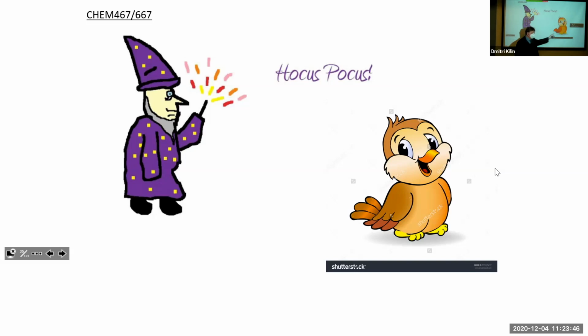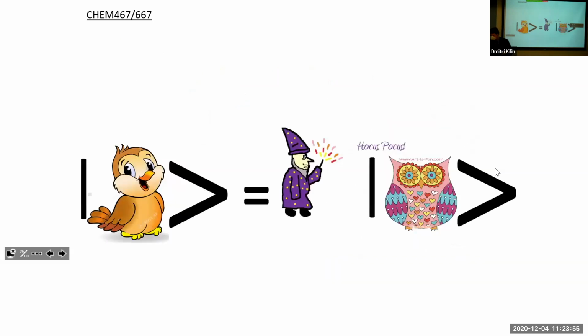So birds are quantum states. The wizard is an operator. It changes the quantum state. So we use the ket vector of owl and the ket vector of skylark and the operator. Now, can we express the operator in terms of bra and ket vectors of the basis states?